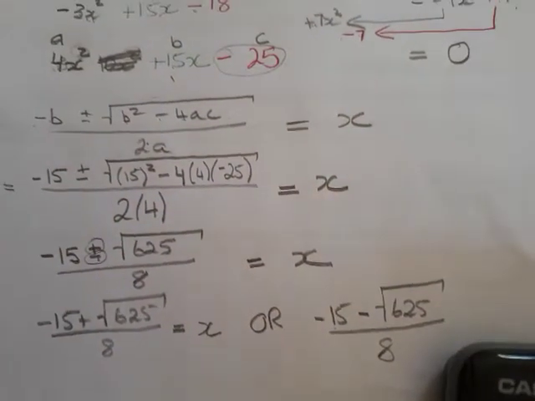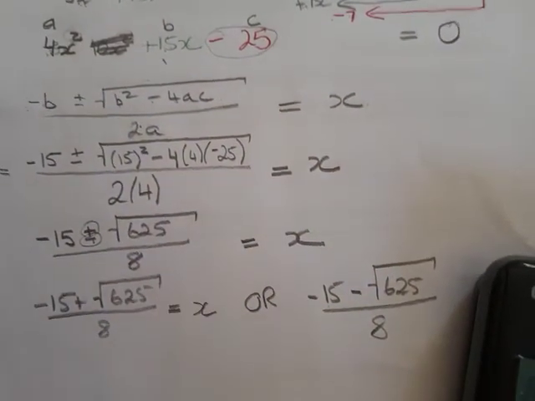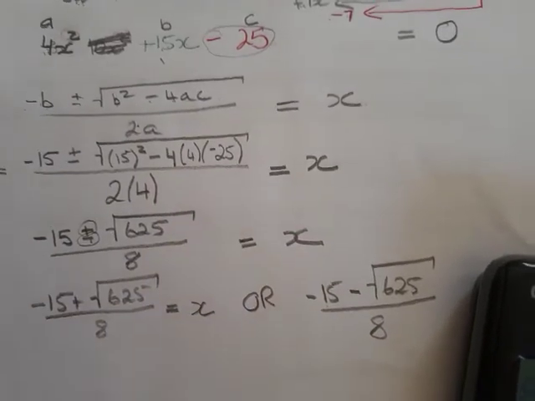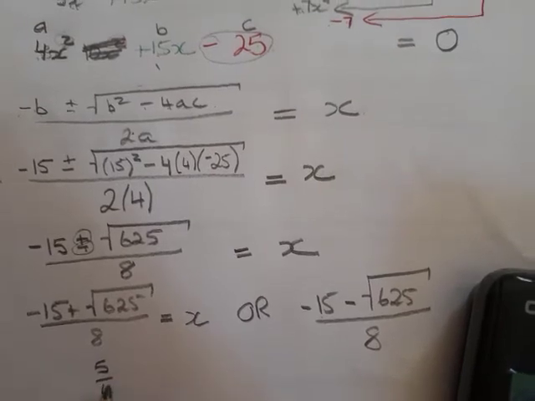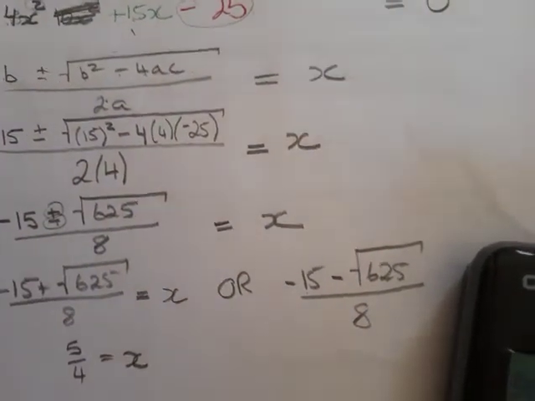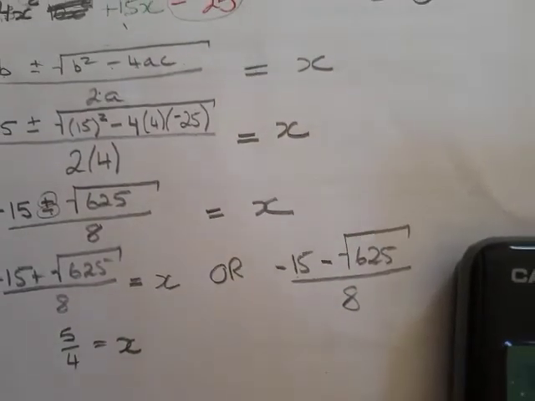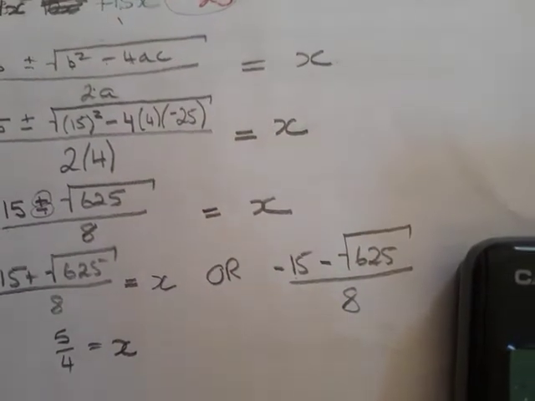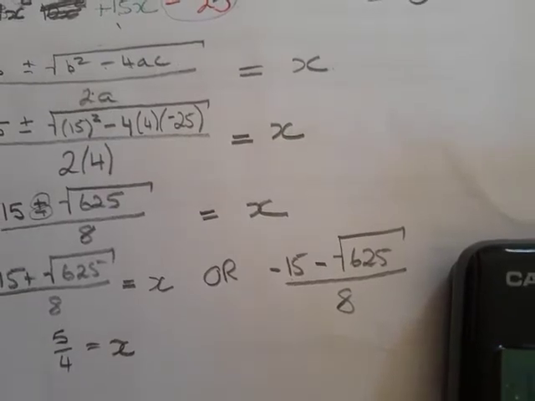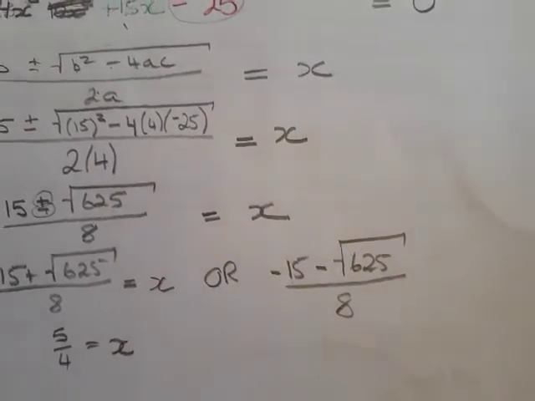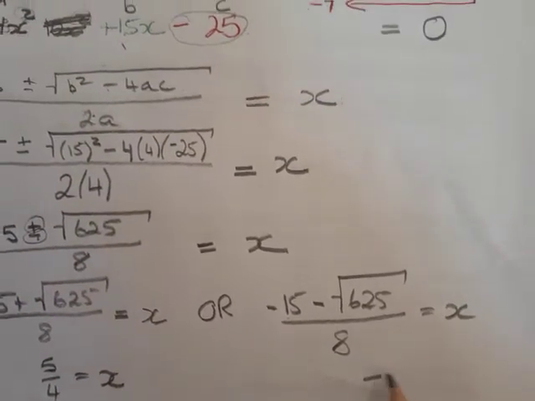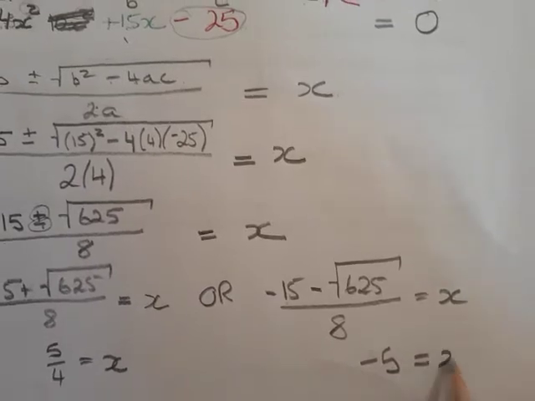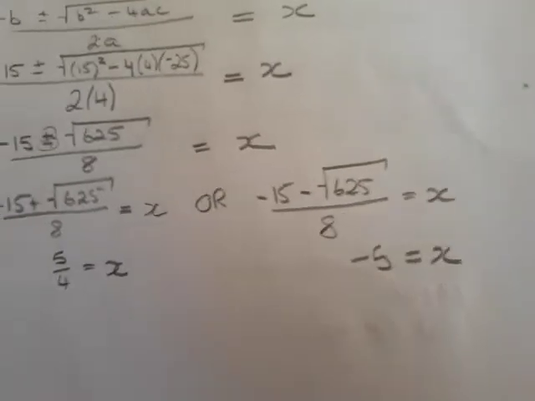Okay, and if we put this into your calculator, divide by 8, then this is 5 quarters equals x. And if you have negative 15 minus the square root of 625, divide by 8, that is negative 5 equals x.